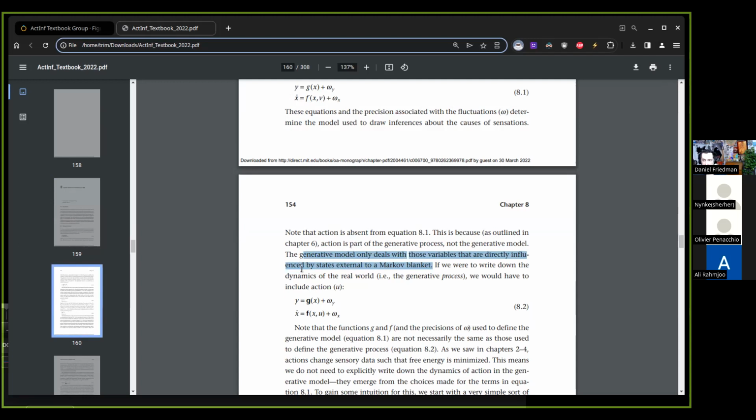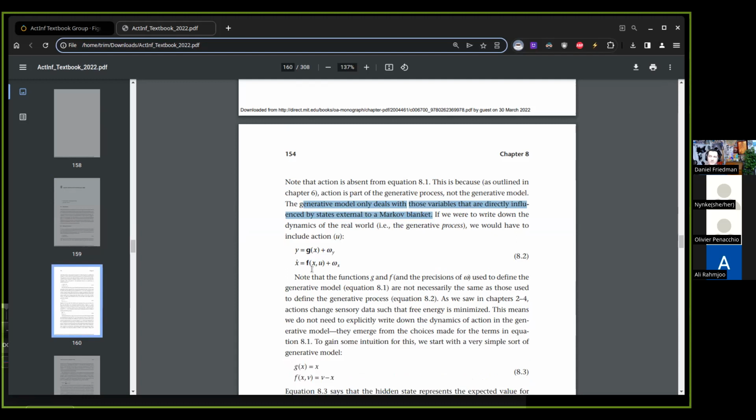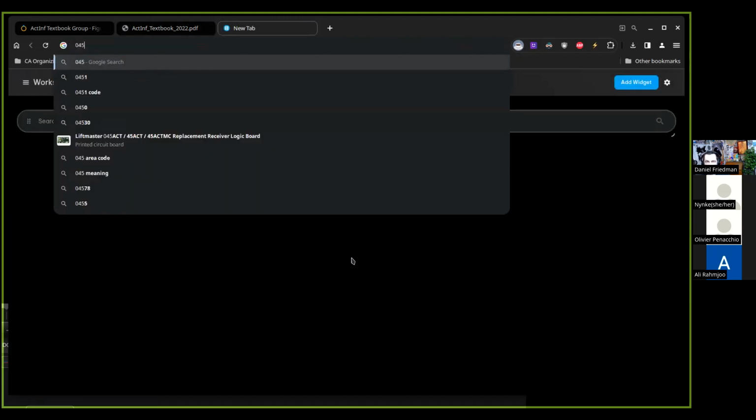Well, actually, this is one of the points that was brought up in the discussion with Maxwell.